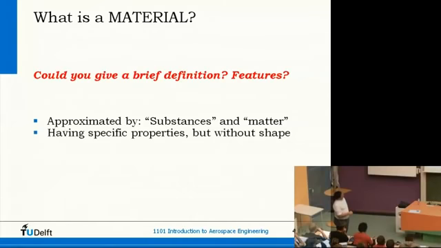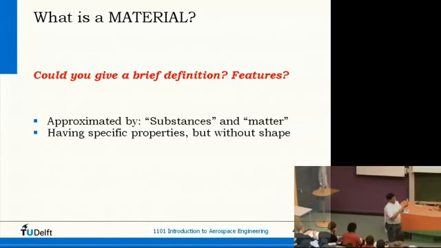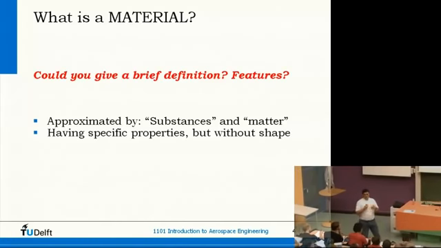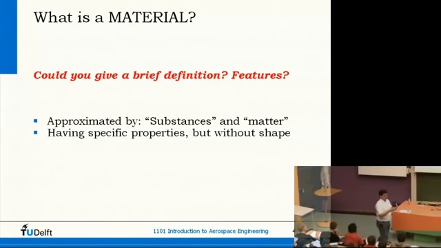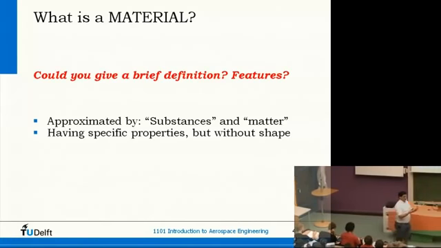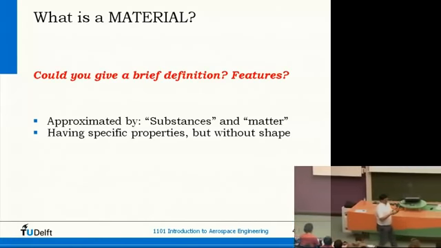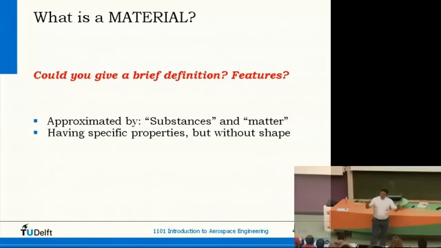And all the properties which I've heard already, strength and stiffness and composition, those are related to that material, and it is not related to any geometry. That's the difference, for instance, with a structure and a material. A material has substance, has properties, and a structure has substance, has properties, but these properties are also related to its dimensions.